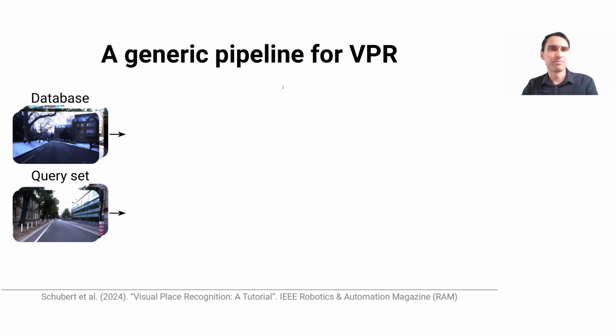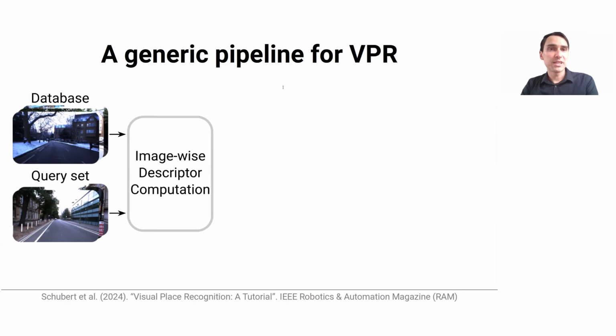For the pairwise image comparison, our tutorial presents a generic pipeline that is the basis for many VPR pipelines in the literature. Inputs to the pipeline are the database and the query set. For each image in both sets, an image descriptor is computed. The similarity between image pairs can then be measured with the descriptor similarity using either simple Euclidean or cosine distance or more complex algorithmic approaches.